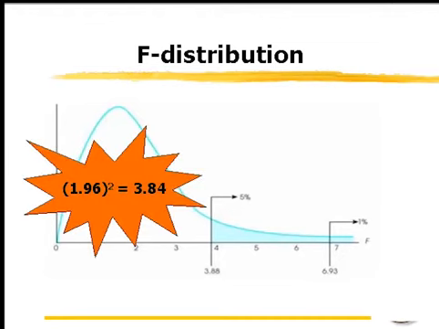If you think about the T distribution and the Z distribution, the critical value for a 5% error rate is 1.96. If you take the square of the T value, you come up with 3.84.